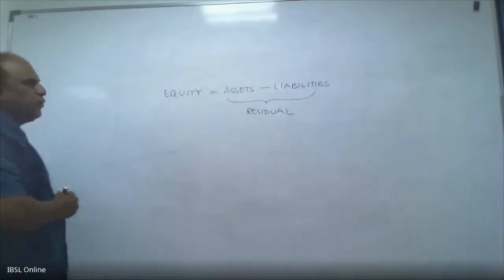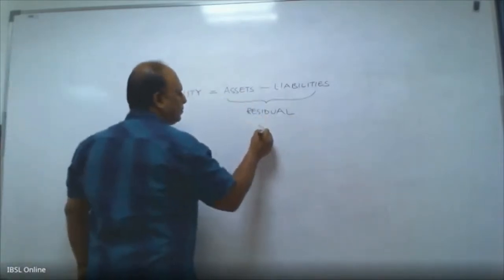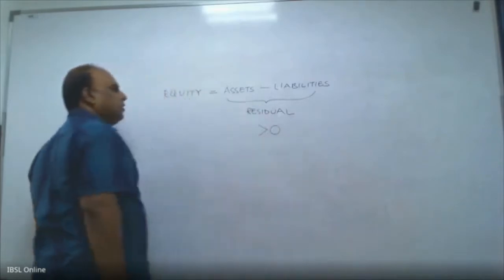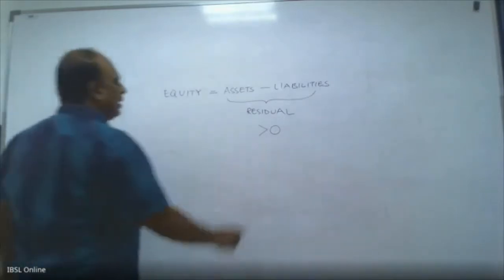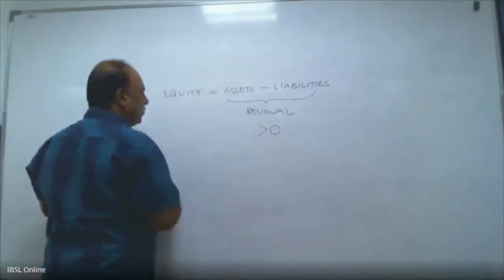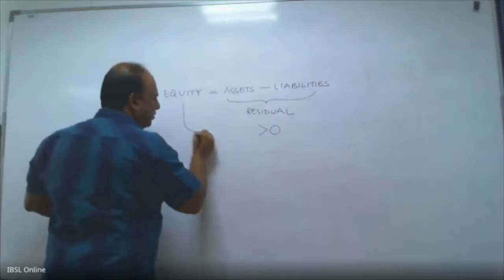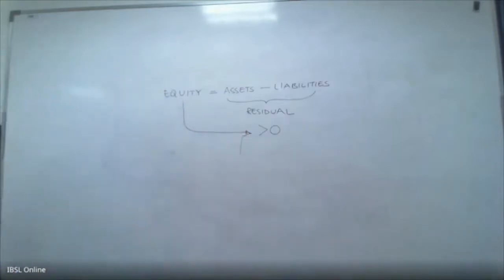So generally you expect this to have a number and it has to be greater than 0. Generally what do you say? Assets minus liability, there should be a number and that number should be greater than 0. When it happens, that is what equity is.